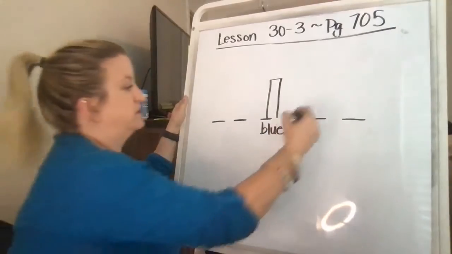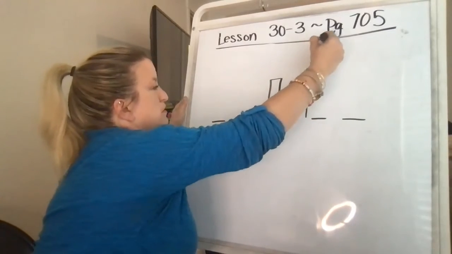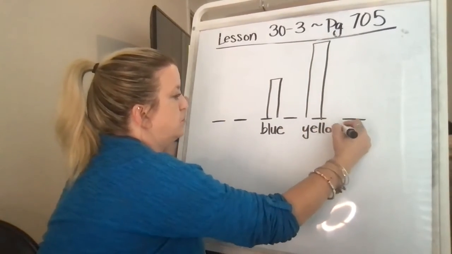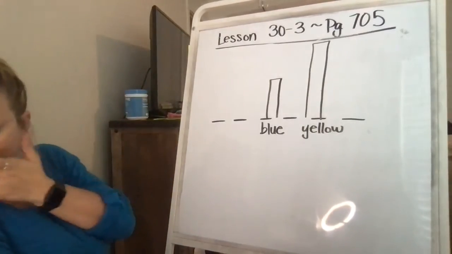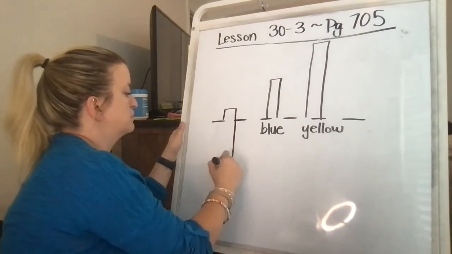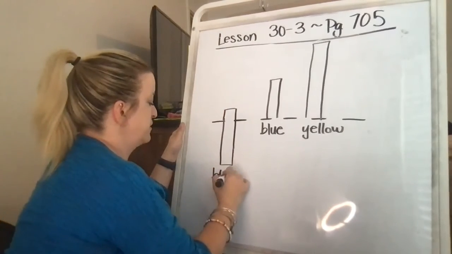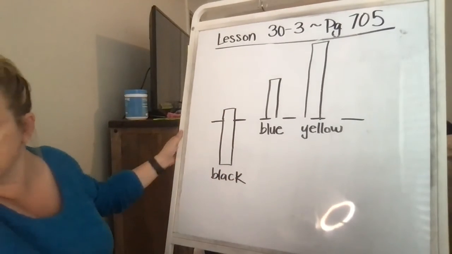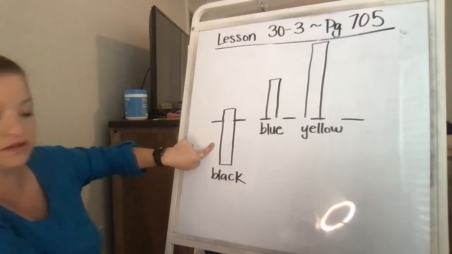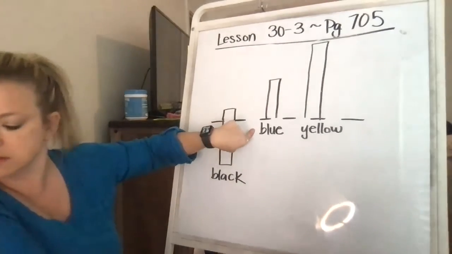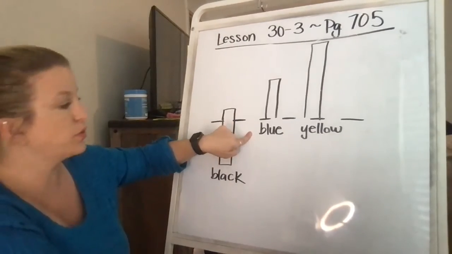And then there's a really tall one, which is yellow. And then there's a black one. This is black. Buzz says the black ribbon is the shortest. Boom says the blue ribbon is the shortest. Who is right? Circle Buzz or Boom?